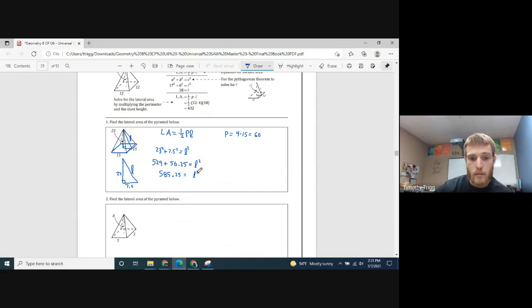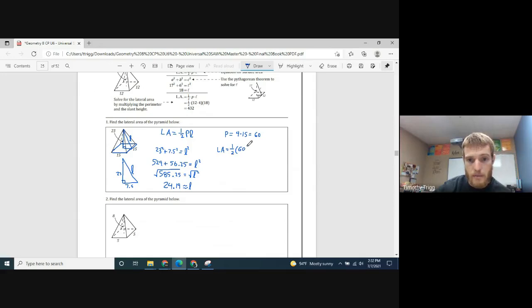How do we get rid of the squared? Well, we use the square root. So we square root both sides. That gives us that L is 24.19, roughly. So now we can find our lateral area, because to find that, it's this formula. It's 1/2 P, and we already discovered P is 60.